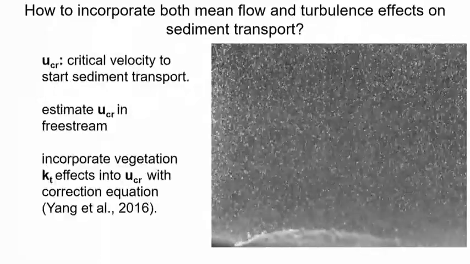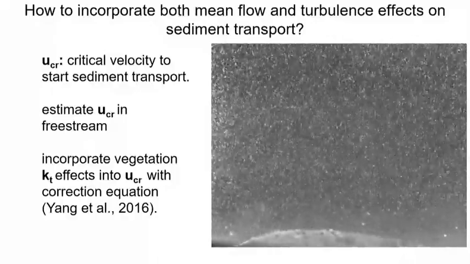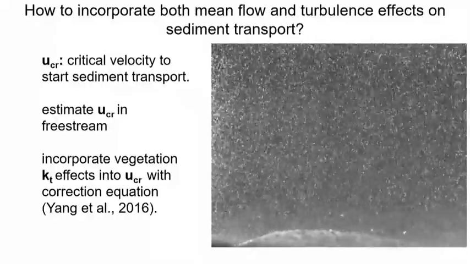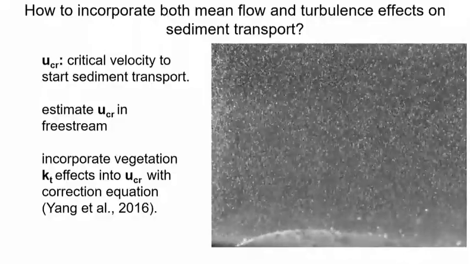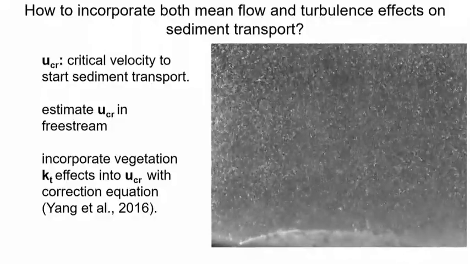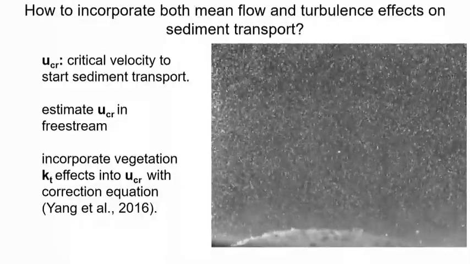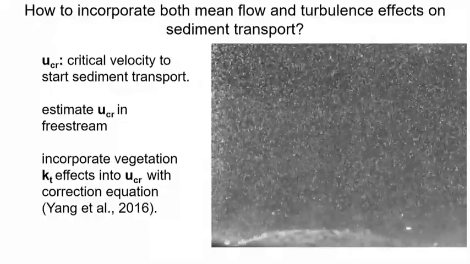Then we calculate something called the critical velocity, and that critical velocity is a velocity that's needed to start sediment moving. We estimate it by using concurrent measurements of sediment transport and velocity in the free stream section far away from the patch. So we can independently come up with a velocity estimate in the free stream, but that's only incorporating the effects of velocity.